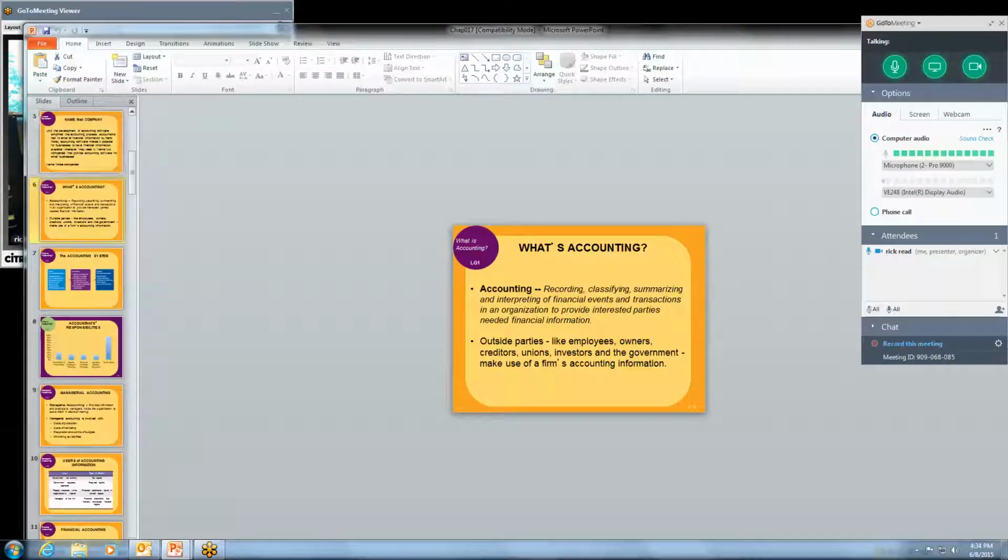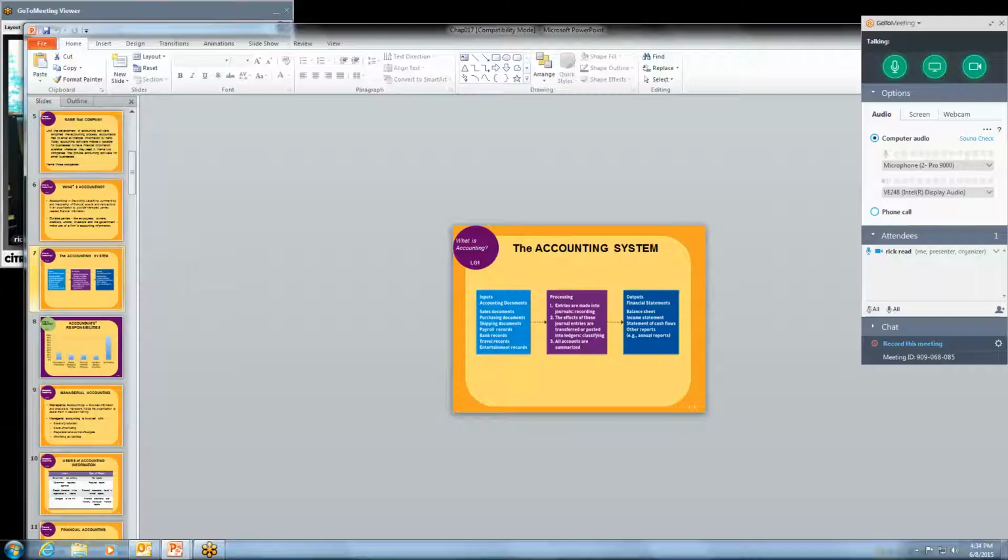Now let's look here at some more information. We have what is accounting, which we've just gone through. And then this is the accounting system. And I am sorry, I've lost my ability to blow this up for you.